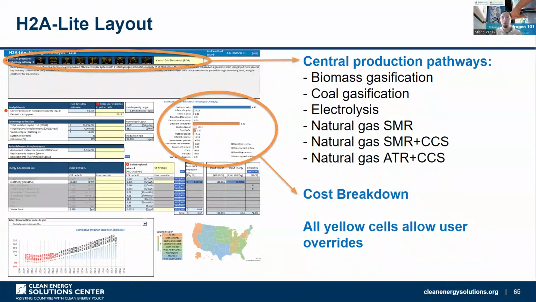In a deeper dive, we can discuss some of the other customization options. The model will provide a cost breakdown for hydrogen, and also a readout of the total cost. Next slide, please.